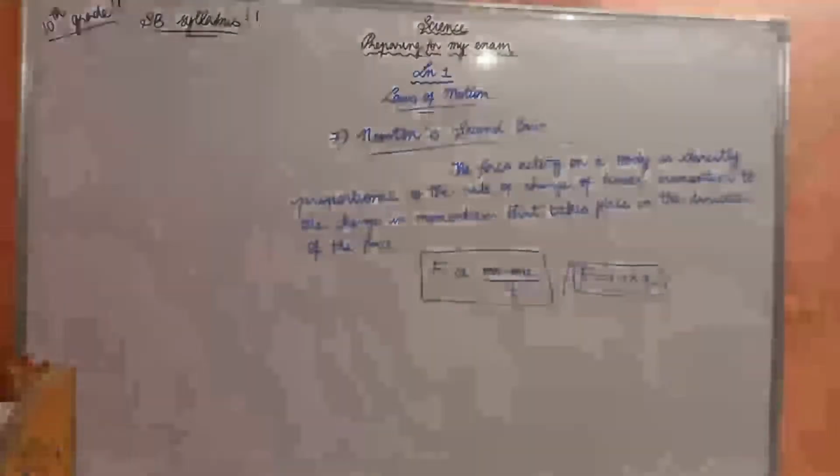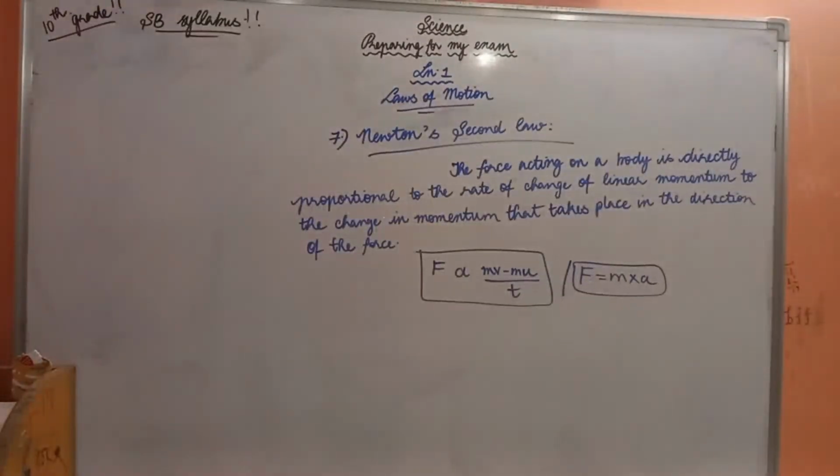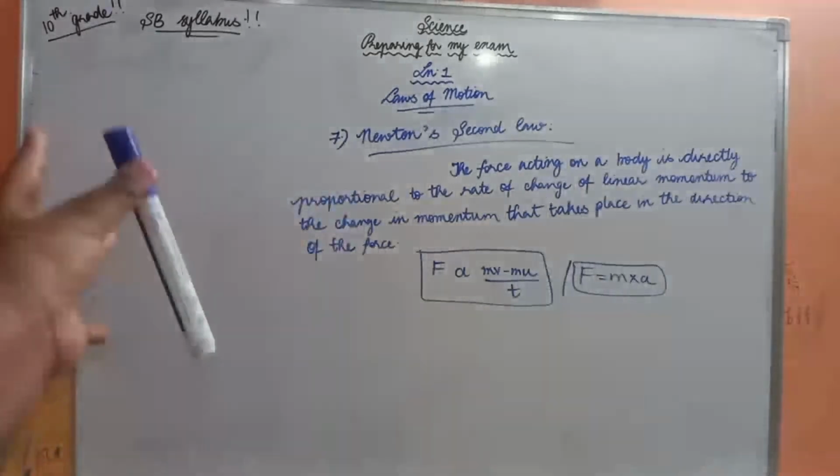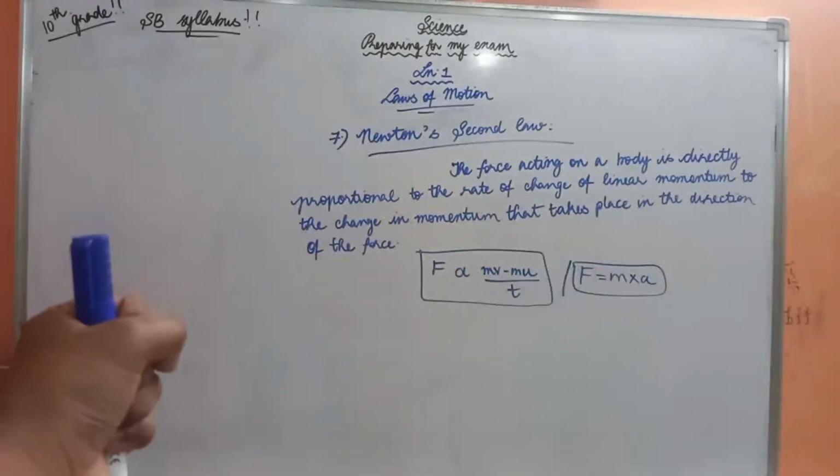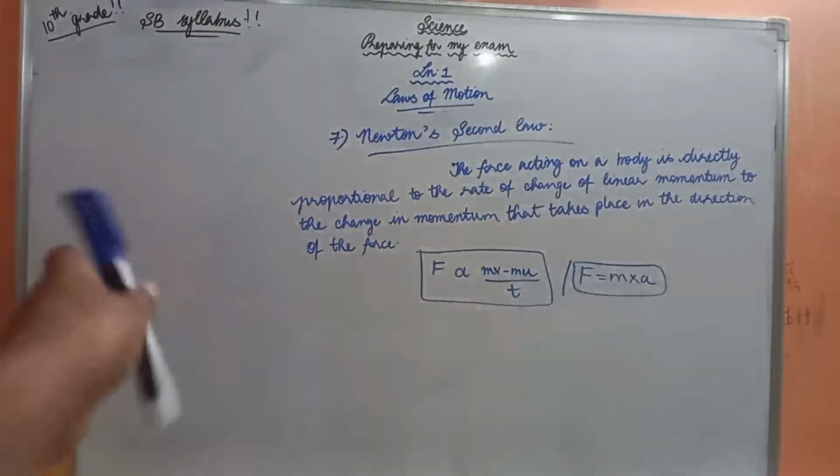So, to be honest, Newton's second law states that the force acting on a body is directly proportional to the rate of change of linear momentum, to the change in momentum that takes place in the direction of force. So imagine this pebble marker. If I grip it, that means I'm applying some force to it.